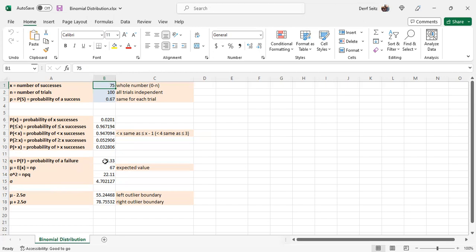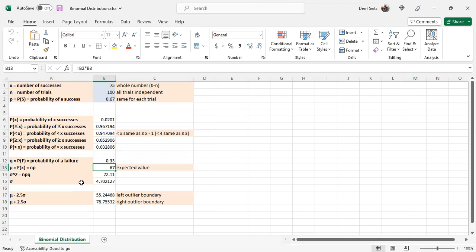This group here calculates, first of all, the probability of a failure, which is the complement of the success, so it's 1 minus the probability of the success. The next calculates the expected value of this binomial distribution.